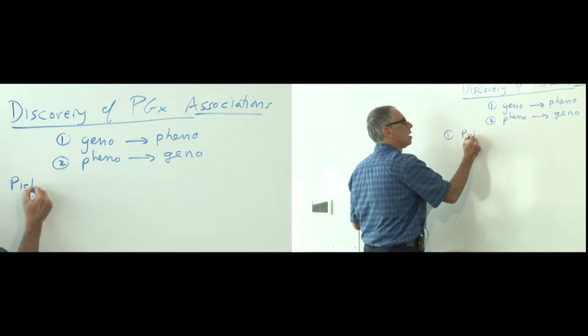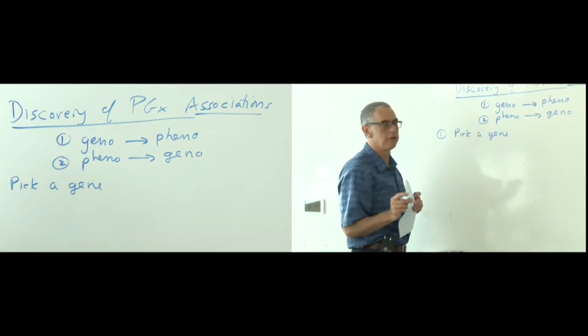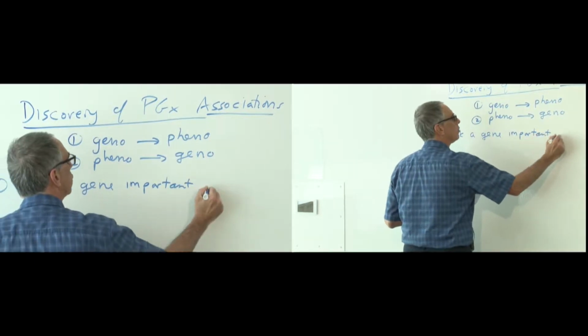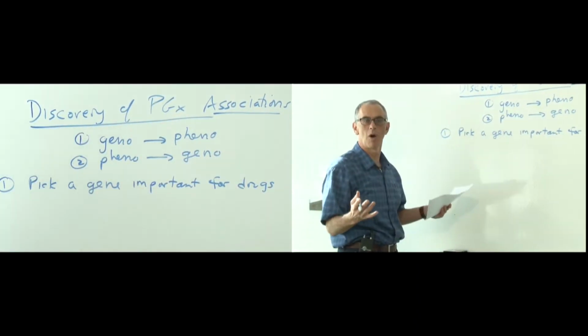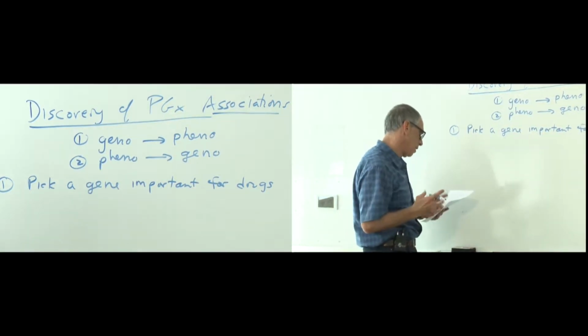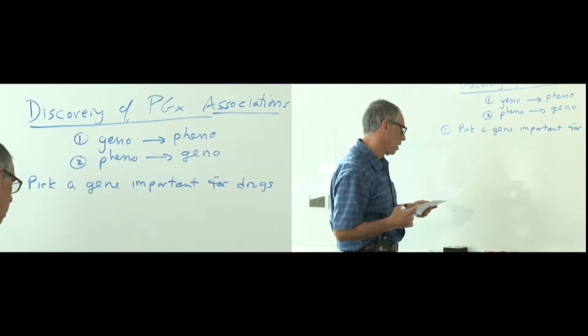You pick a gene that you believe to be important for drug response. Pick a gene important for drugs. How you do that requires you to be smart, clever, understand pharmacology, understand a little bit about how drugs are either metabolized or how they work.